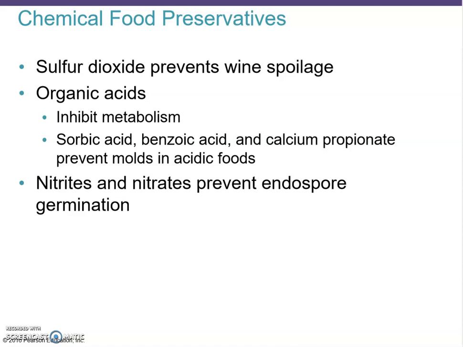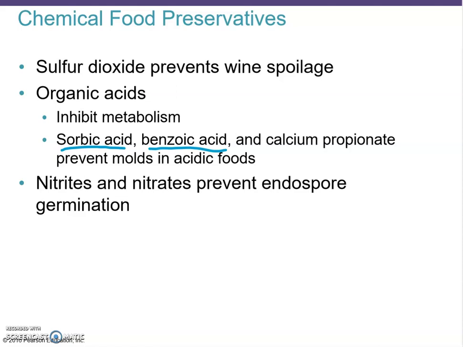Organic acids can be used, sorbic acid and benzoic acid, which are very popular as preservatives for your food. You can take a look at bread packages. A lot of times they contain benzoic acid or sorbic acid. These substances tend to inhibit metabolism of bacteria. They tend to be like false food that causes the bacteria to not be able to grow when they take that in.